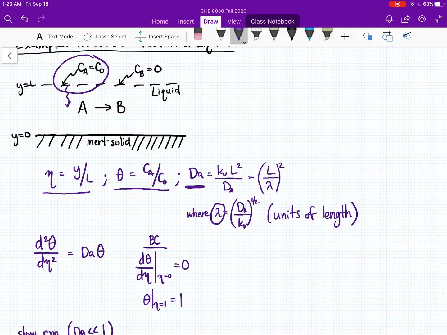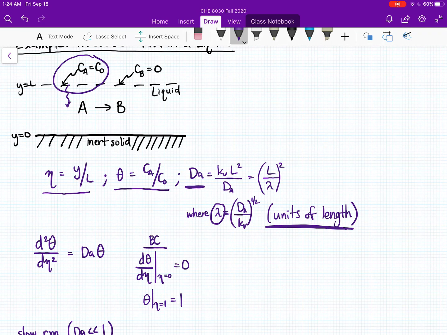which we really didn't talk about at the time, but I do want to point out that lambda here has units of length, and what you'll see here in a second is that that lambda essentially represents our reaction zone for our problem, because that's a big part of some of the early stuff that we do in this course, is understanding where we have dynamically interesting things occurring in our system.